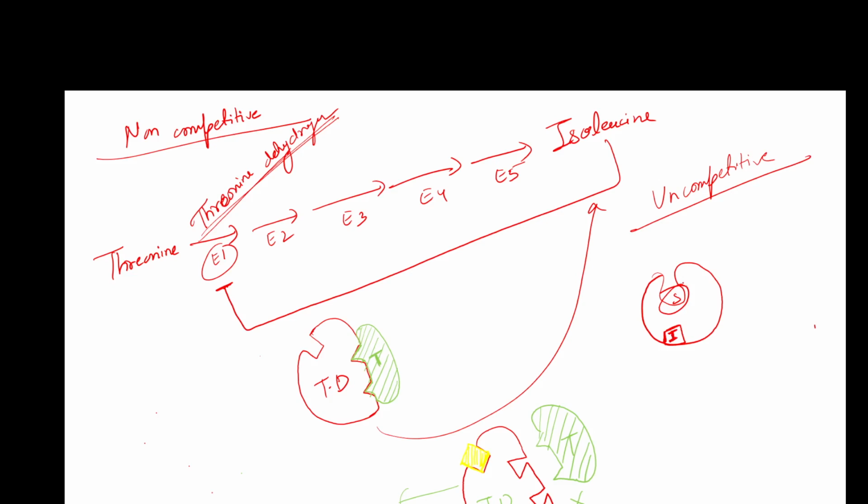It is not allowing the release. So alkaline phosphatase causes the release of the inorganic phosphate from the substrate. After the inhibitor binding, the release of the inorganic phosphate from the enzyme substrate complex is inhibited. So that is an example of uncompetitive inhibition.